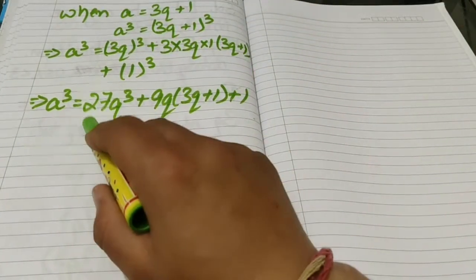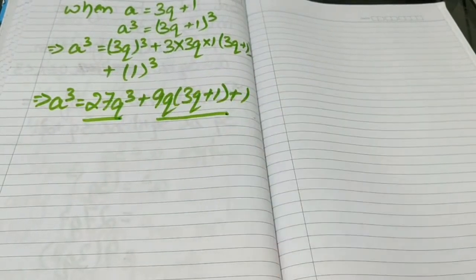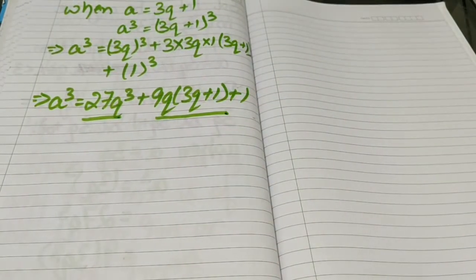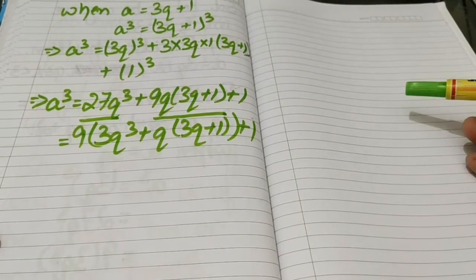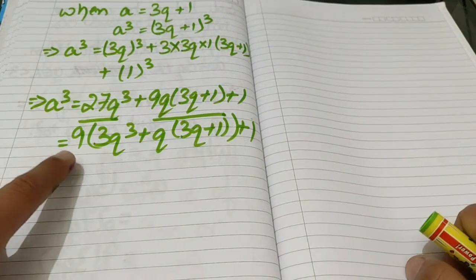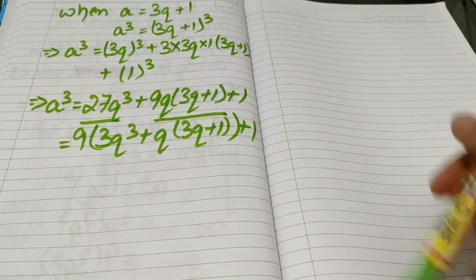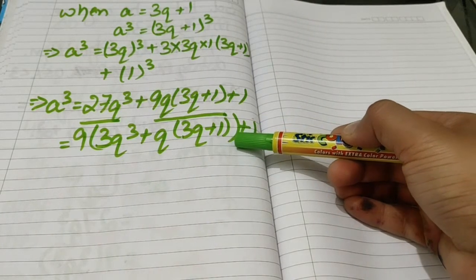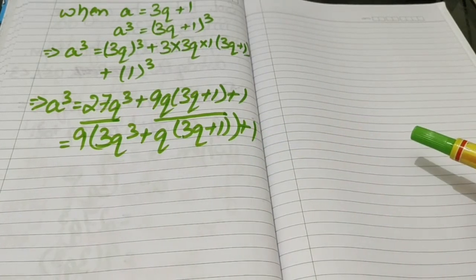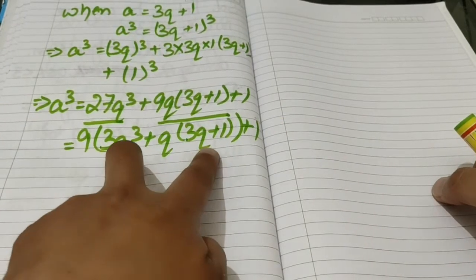Well students, from this term and this term, we can take 9 common. So after taking 9 common from these two terms, we are left with 9 into 3q cubed plus q into 3q plus 1, bracket closed, plus 1. That is, we have expressed a cubed as 9 into something plus 1.